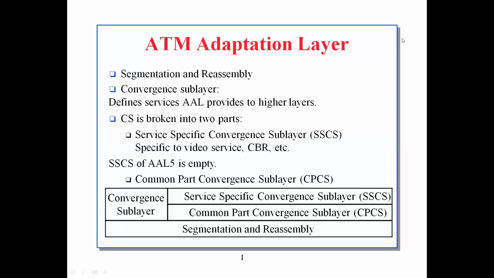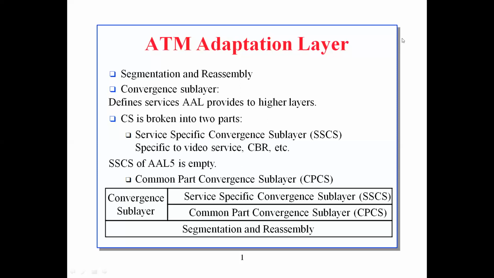These payloads are then given to the ATM layer for transmission. At the destination, the SAR sublayer reassembles the cells into the message. The main difference between SAR and CS is that the SAR sublayer is concerned with cells, whereas the CS sublayer is concerned with messages.